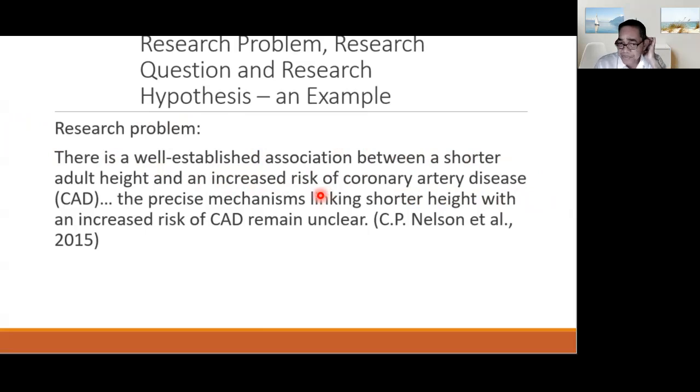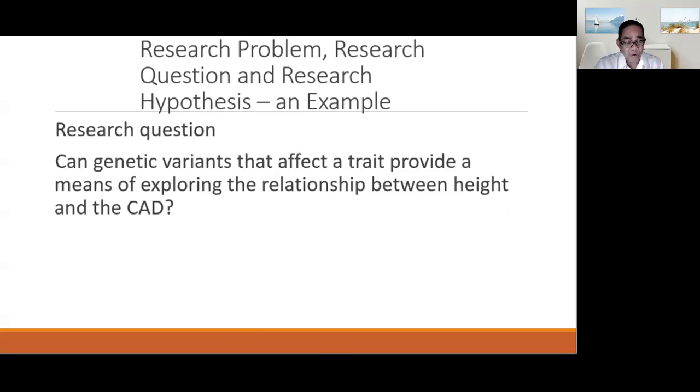So that's not the problem. The problem is that the mechanisms linking shorter adult height with an increased risk of CAD remain unclear. That is the problem. And so we formulate a research question.